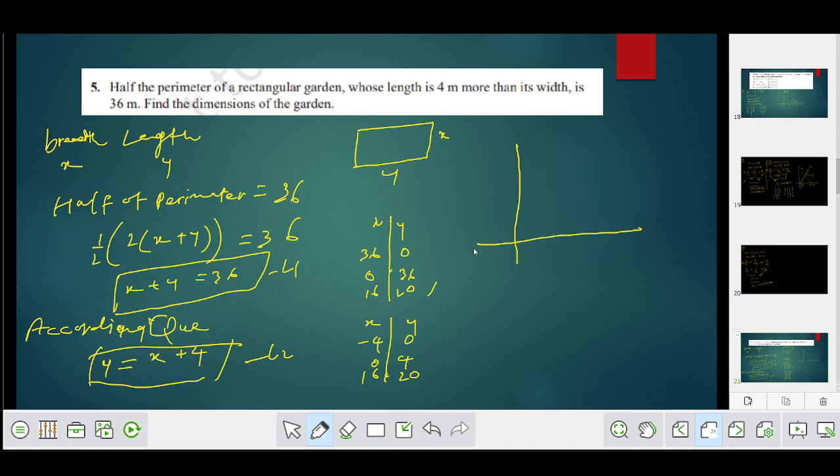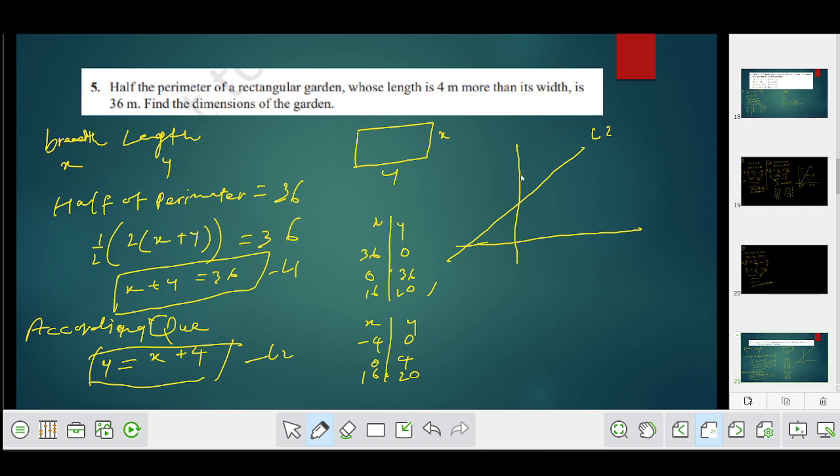Clear, because here is -4 in line 2, x -4, then lines we draw from this way, and first line, this is line 2. Okay, first line is y equal to 0, that means here 0, x will be 36.